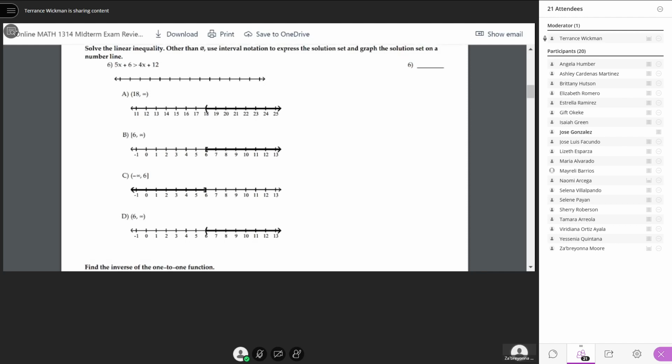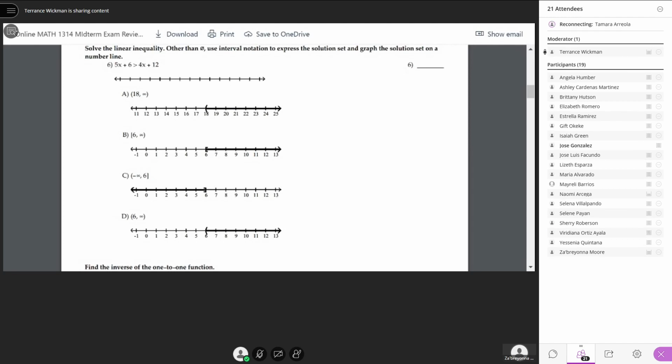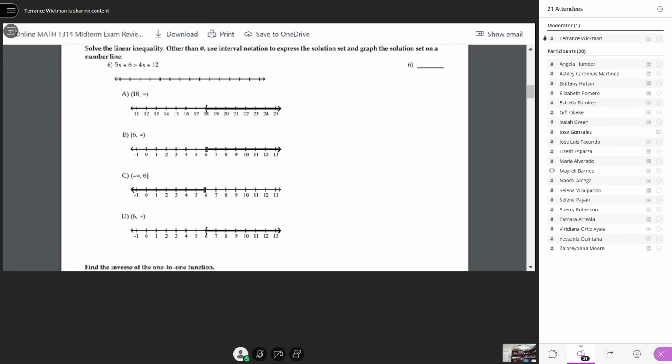So typing, I will give extra, and highlighting, underlining.